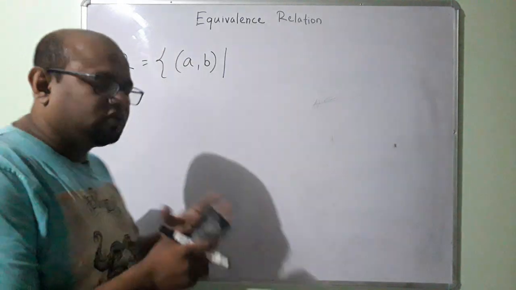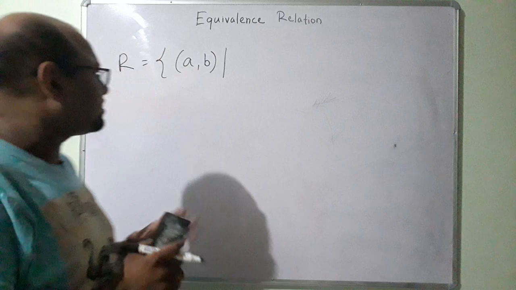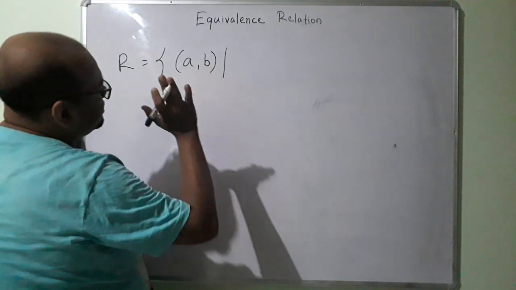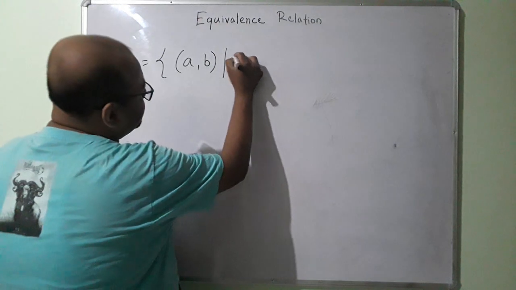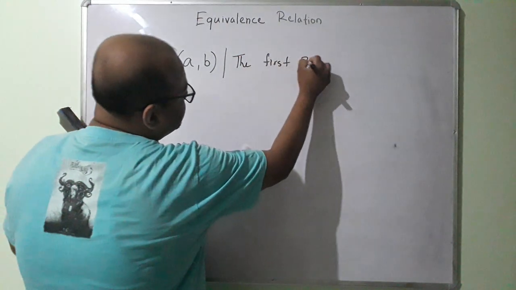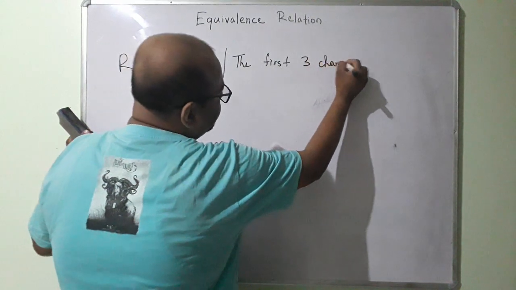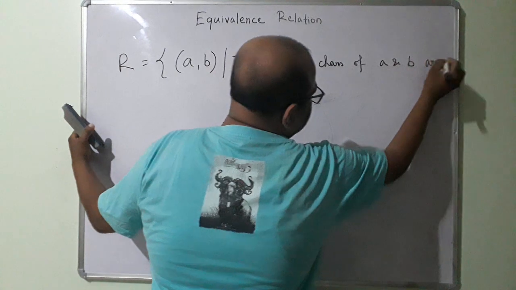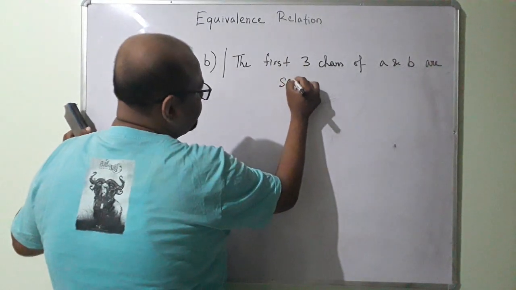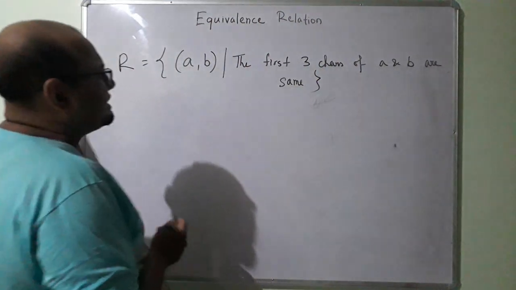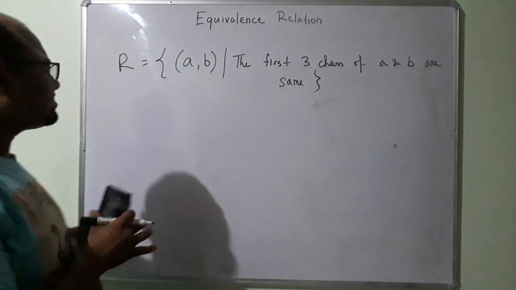So equal to 3 characters or longer than 3 characters. So it will contain all this bit string AB such that the first 3 characters of A and B are the same. Okay, this is my relation.